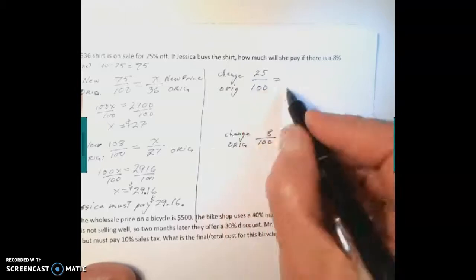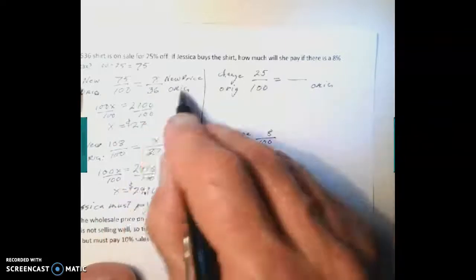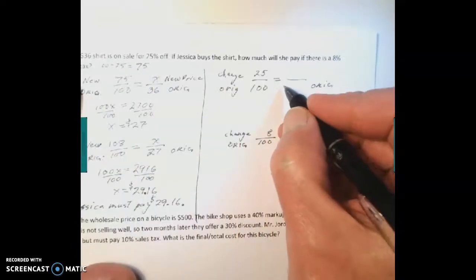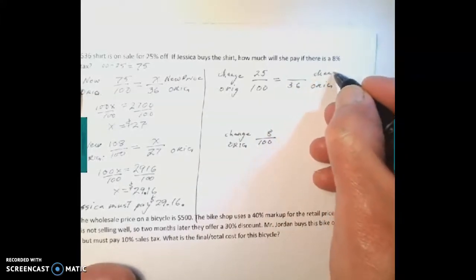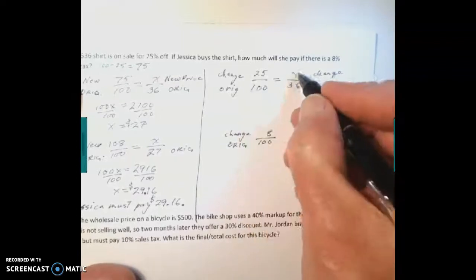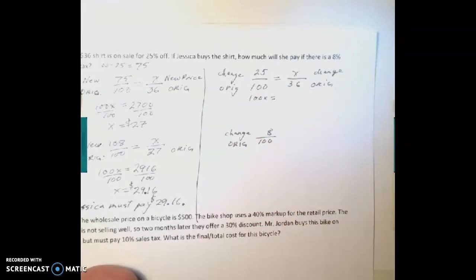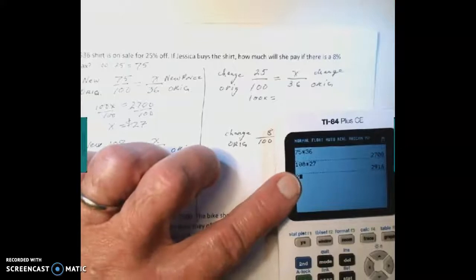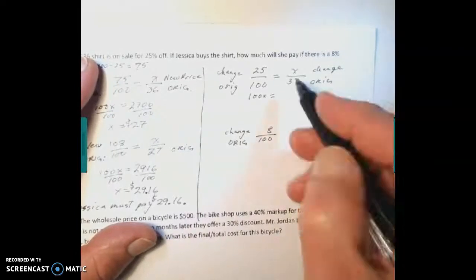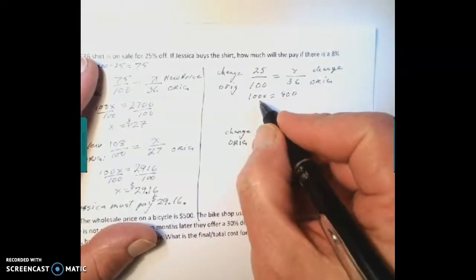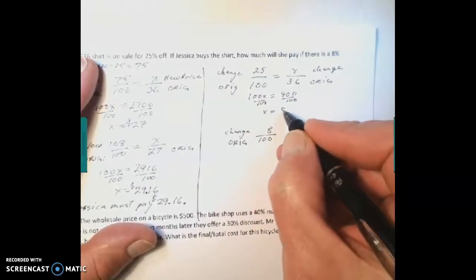So in this case, 25 over 100, our original is still, at this point, the original cost of the shirt, $36, and this will be figuring out the change, and that's X, so 100X equals 25 times 36, which is 900, divide by 100, and you get X equals 9.